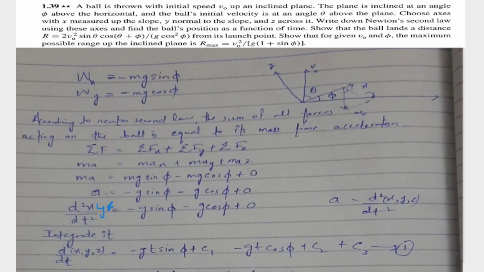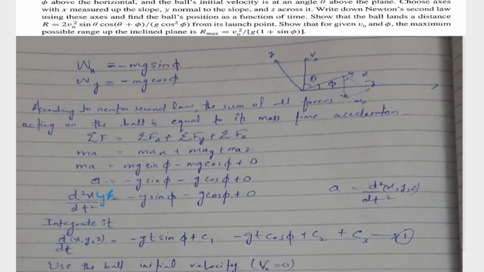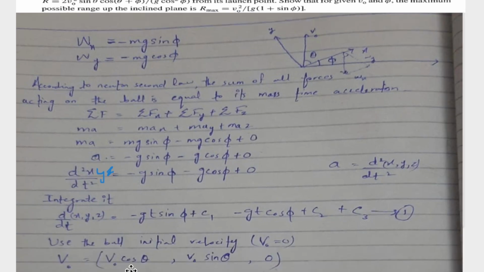Here is the ball's initial condition: initially the ball is at rest. When we talk about these components, you can split them and get the three components along x, y, and z. This is equation 1.